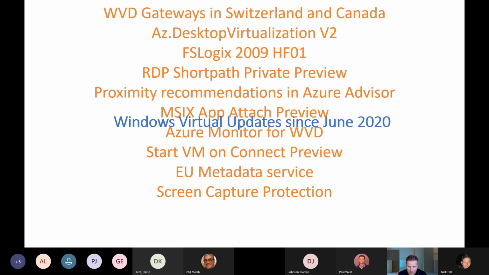So we have now broken this dependency on RDS capabilities and broken that relationship with Windows Server. So we're not going to wait 3, 4, 5 years, whatever it might be, for the next version of Windows to come along before we can drop new features into WVD. We can now drop in features as soon as we think they're ready and as soon as we can get them out of the door. Hence why we had that long list of new features that dropped into the service.